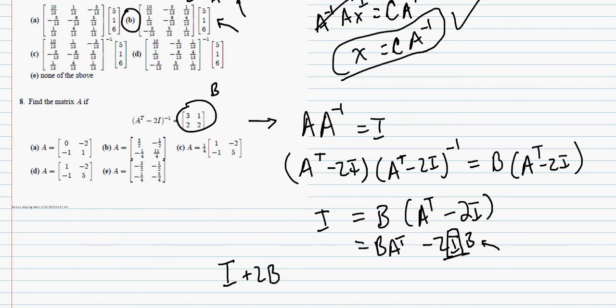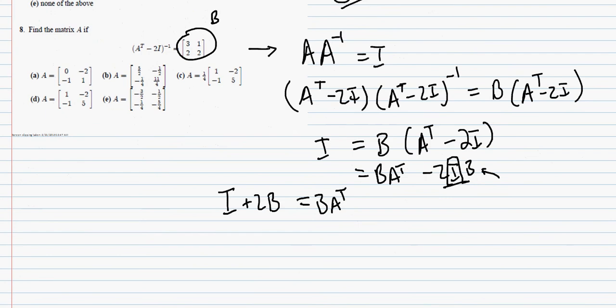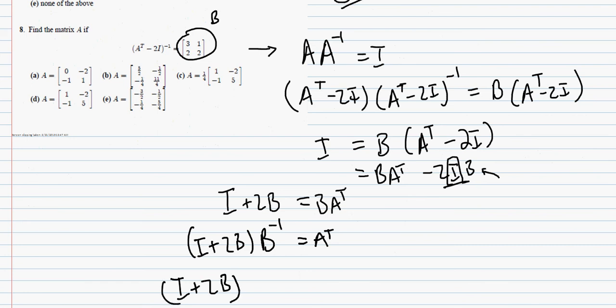So it's going to be plus 2B, right, is equal to B times A transpose. Now, just like we did in the above example, I'm going to multiply both sides by the inverse of B. So (I plus 2B) times the inverse of B is equal to A transpose. Now just take the transpose of both sides, and we should have the formula that is required to find A.